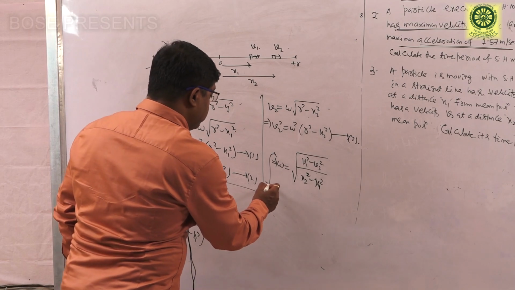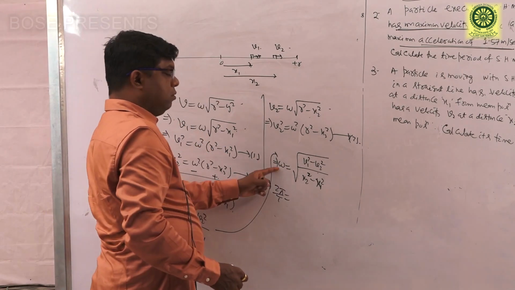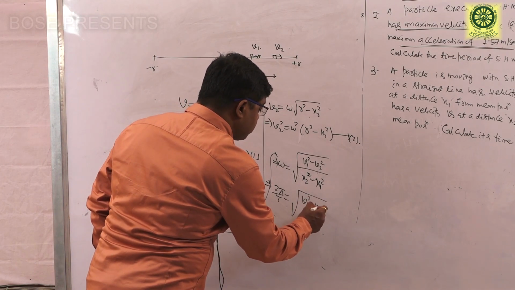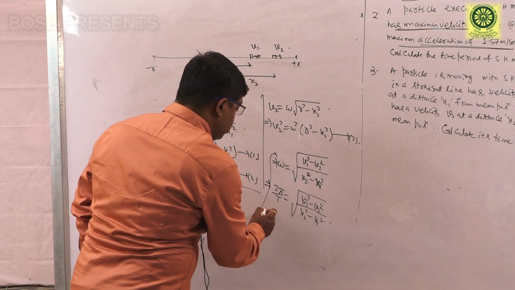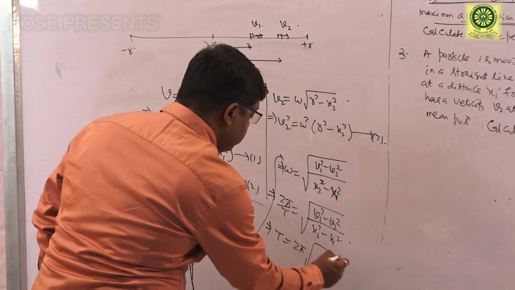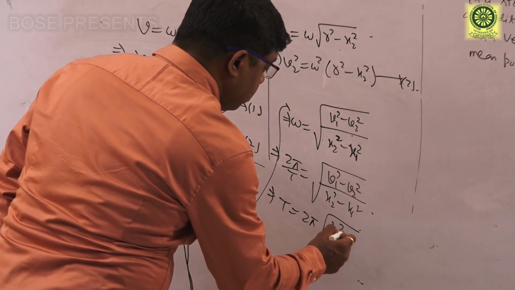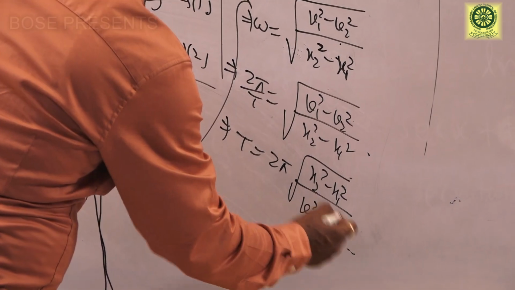So omega is equal to 2 pi by capital T, this is the angular frequency. So 2 pi by T is equal to the square root of v1 square minus v2 square divided by x2 square minus x1 square. So T is equal to 2 pi into square root of x2 square minus x1 square divided by v1 square minus v2 square.